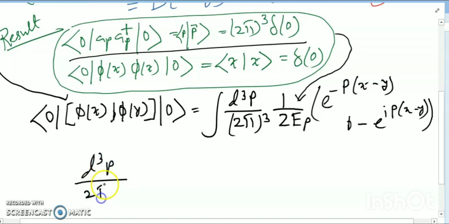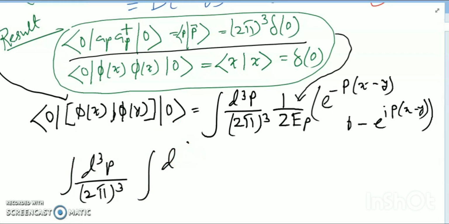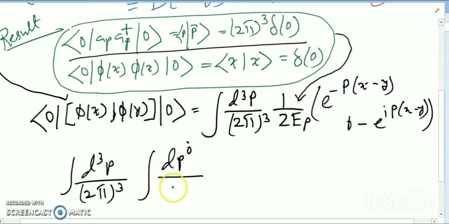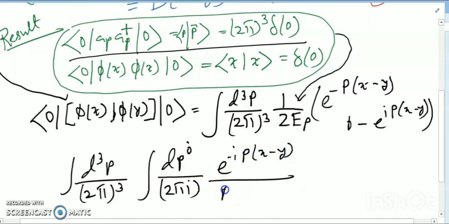This is called 2 pi whole cube, integration dp0, dp0 over 2 pi i, e to the power minus i p x minus y, divided by p square minus m square.